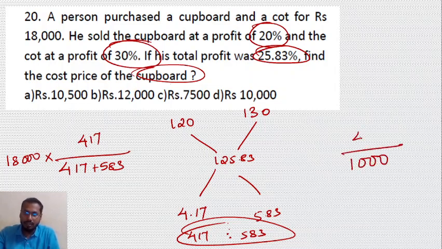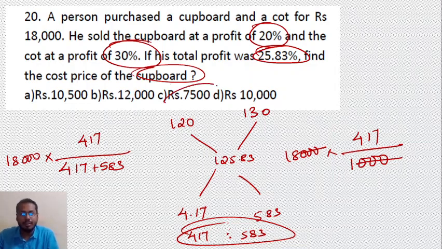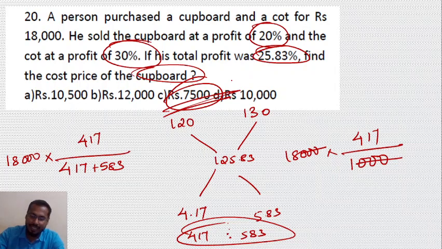So 1000, 417, here 18,000. It will get cancelled. 417 into 18, 7,506. Round off value is 7,500. That's it.